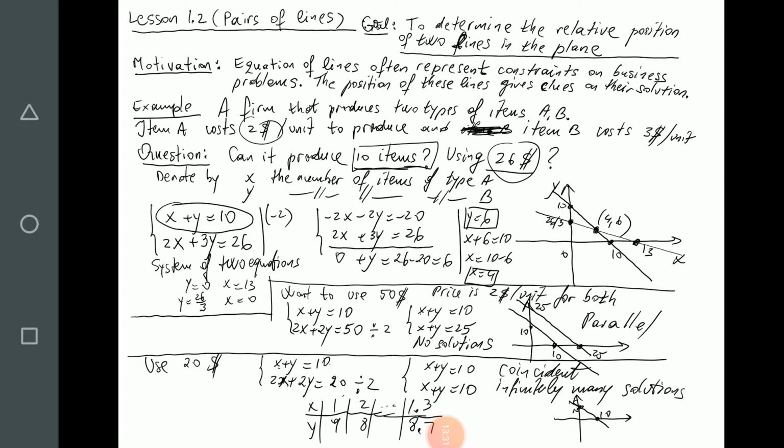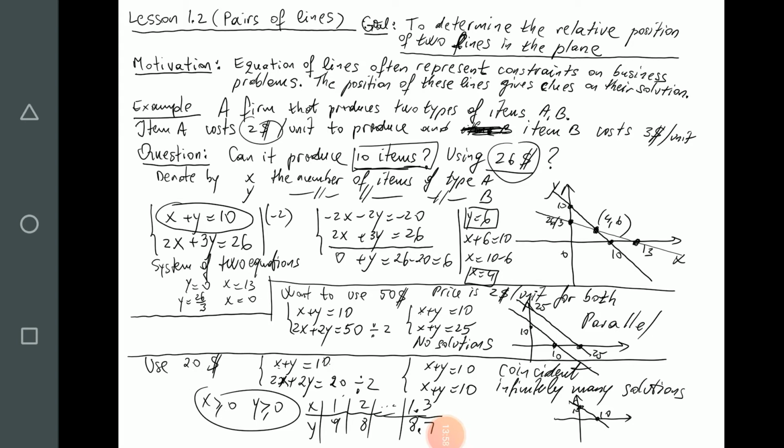Obviously, if you have to produce just whole objects, because I should have mentioned before, another condition, if you want to make it realistic, is that x and y are positive if they really represent real actual objects. So in fact, when you look at the solution space, you don't look at the negative region of the plane.